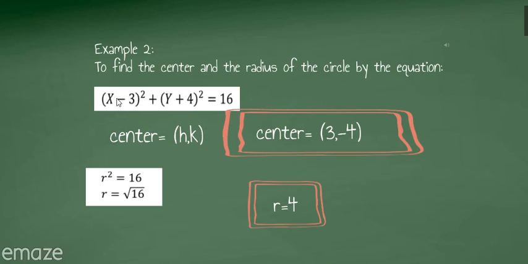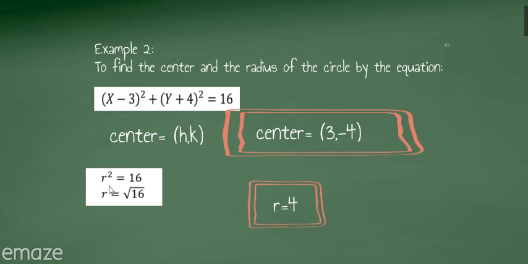But you have to change the negative or positive sign. For example, here I have negative 3, so I change to positive 3. And here I have positive 4, so I change to negative 4.